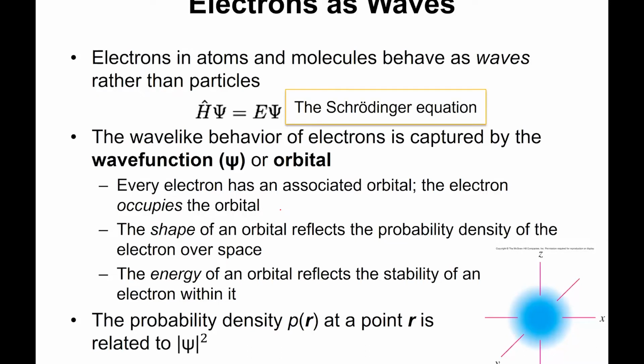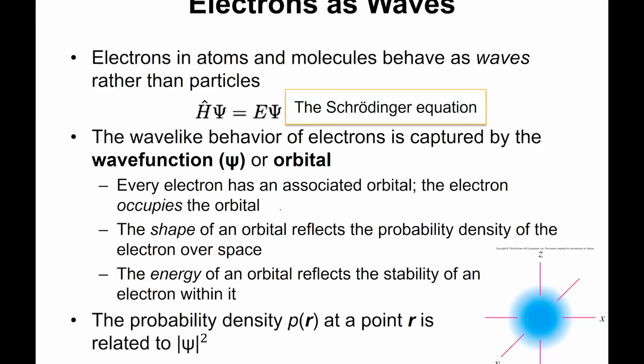And this wave-like behavior is actually captured by our description of it via a wave function, or what we call an orbital. Every electron has an associated orbital, and the electron occupies that orbital.